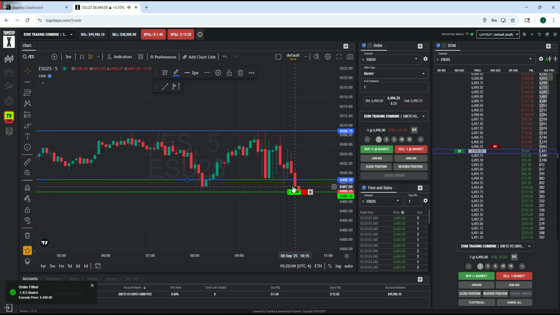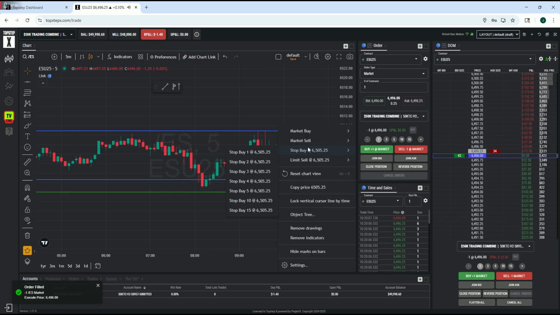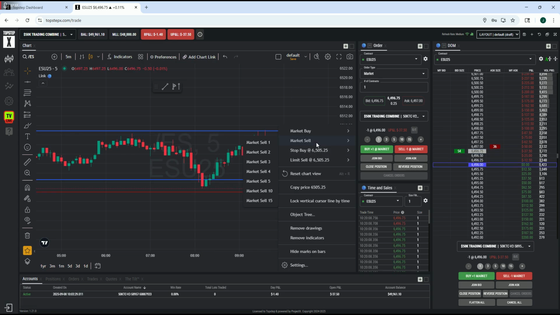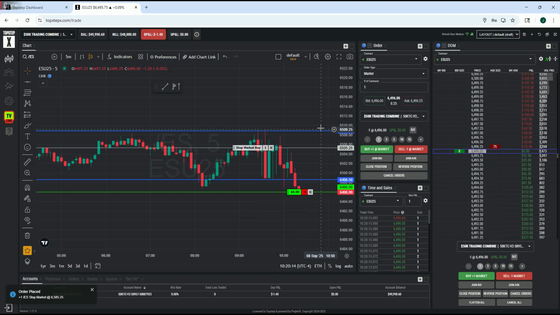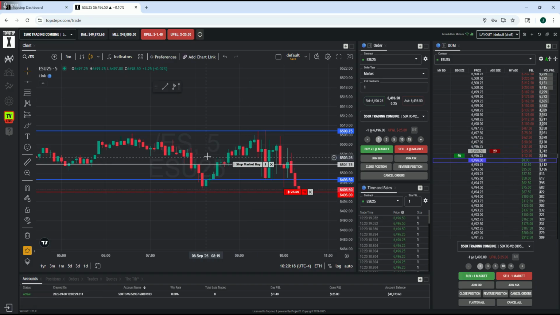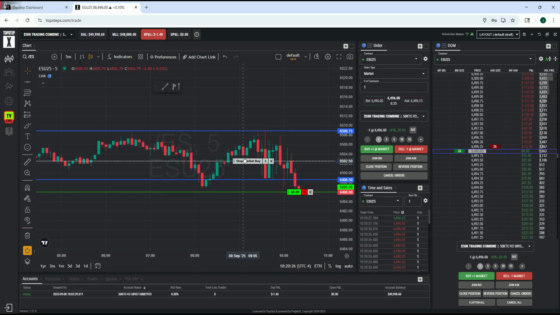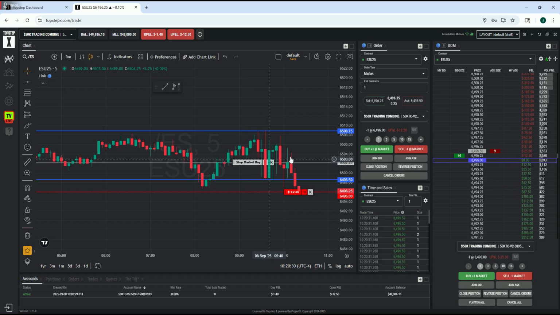Order filled. Short. I don't know how to. Is that my stop? Okay, I'm going to give this a little bit of room because I haven't traded on this in a while.